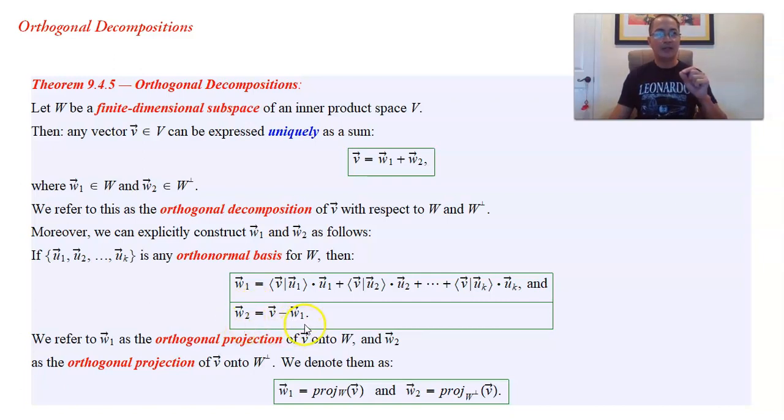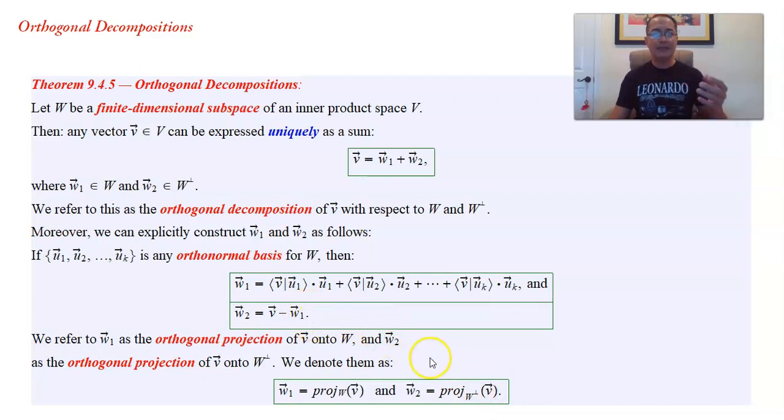So obviously, if you add W1 to W2, W1 will cancel out and leave you with V. We call W1 the orthogonal projection of V onto W, and W2 the orthogonal projection of V onto the complement W perp. So symbolically, that's proj W of V and proj W perp of V. So why does this work?